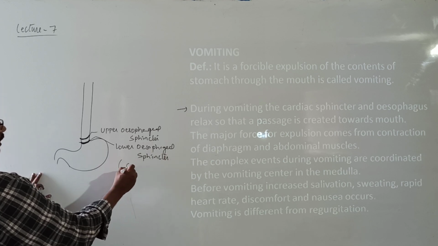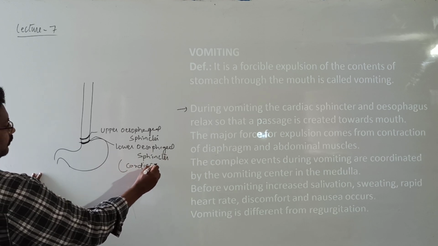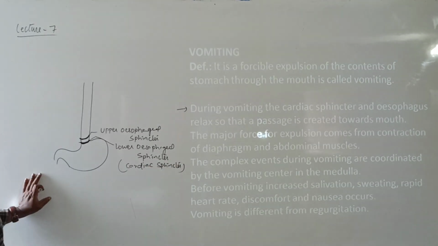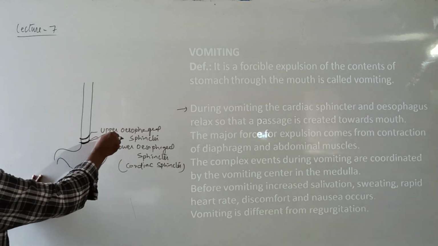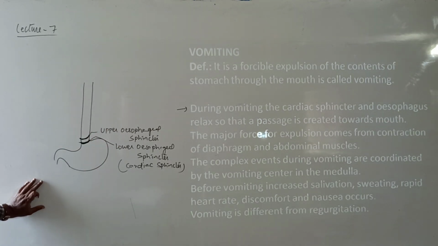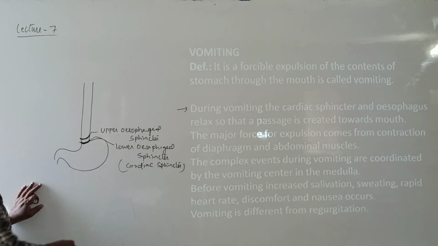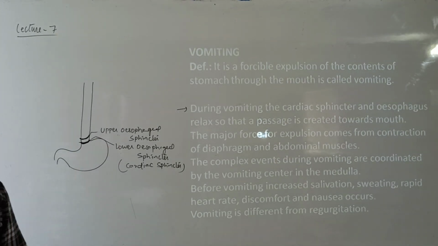This lower esophageal sphincter is what we call the cardiac sphincter. If some others take both as one, in that case the number of sphincters along the alimentary canal in human beings will be only 5. And if they take these two as different, then the number of sphincters along the alimentary canal will be 6. Anyway, so we shall see here.